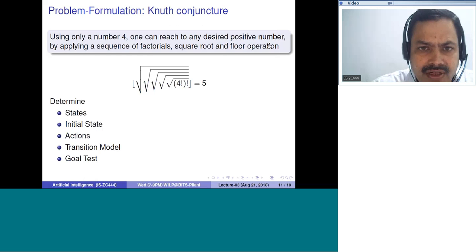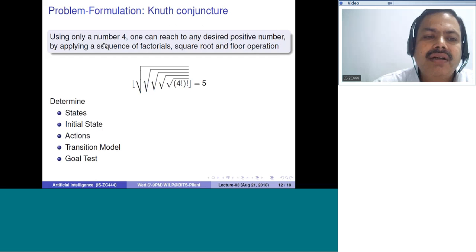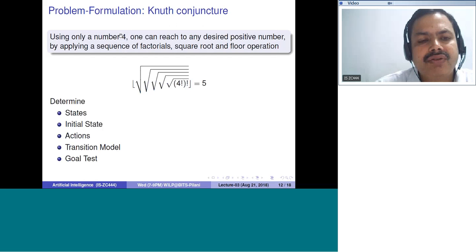Next problem, very important, and also a very difficult kind of problem. Just see how difficult a mathematical concept it is. Knuth conjecture. This says to use only one number, 4. I am going to give you only one number, 4, and using it you can find any other number. Let's assume I want to find 5. The operations allowed are only factorial, square root, and the floor operation.